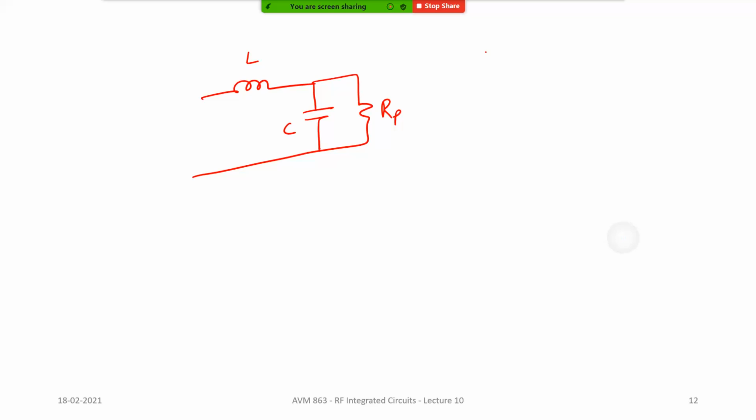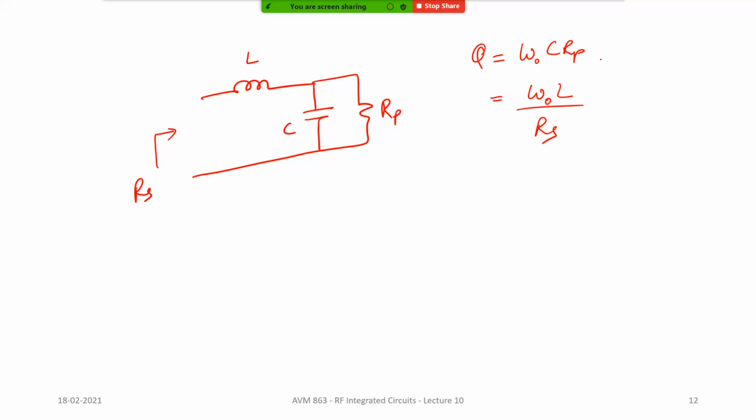The Q of this network can be written as either, since this is a parallel RC, omega naught C times RP, or, looking from here, you have RS and it is a series network, so it is omega naught L divided by RS. It turns out that both will be equivalent, because RP and RS are related by Q squared plus 1.